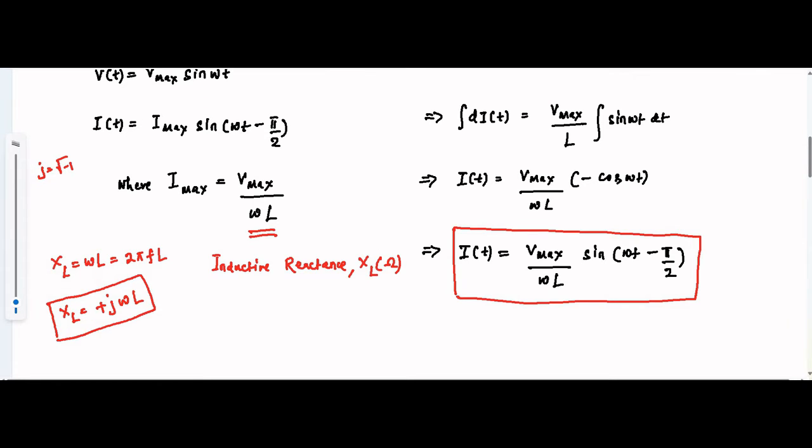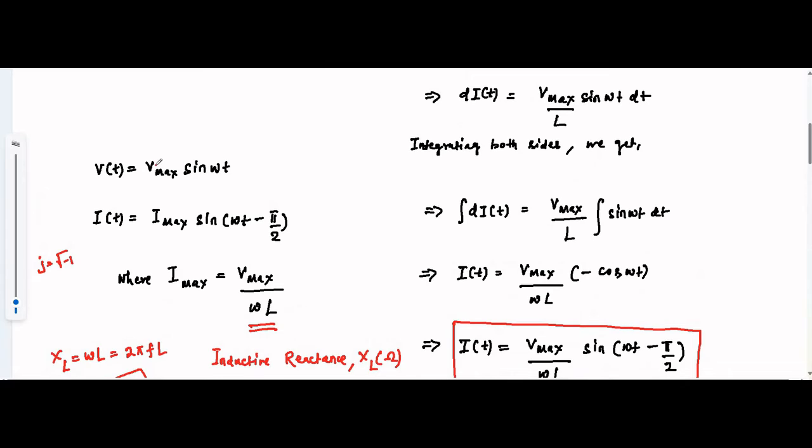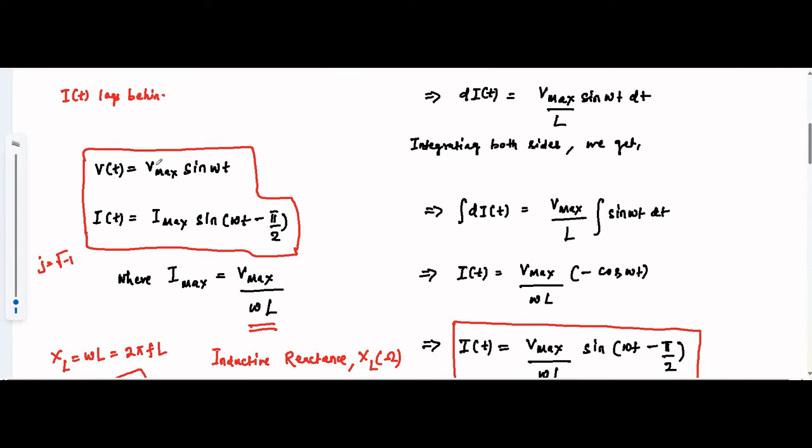So from these two expressions, what do we understand? It means that current lags behind voltage by pi by 2 radian or 90 degree.